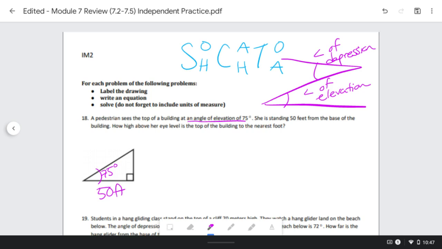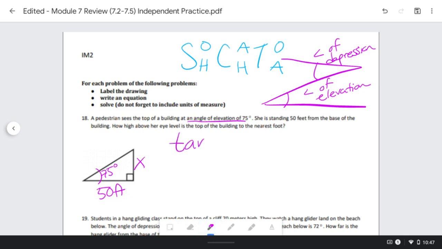Whenever you see something like top or tall, that's going to be the height of that triangle. So we have x that we're trying to solve for. And if we look over here, we have the opposite and we have the adjacent. So we're going to be using TOA.